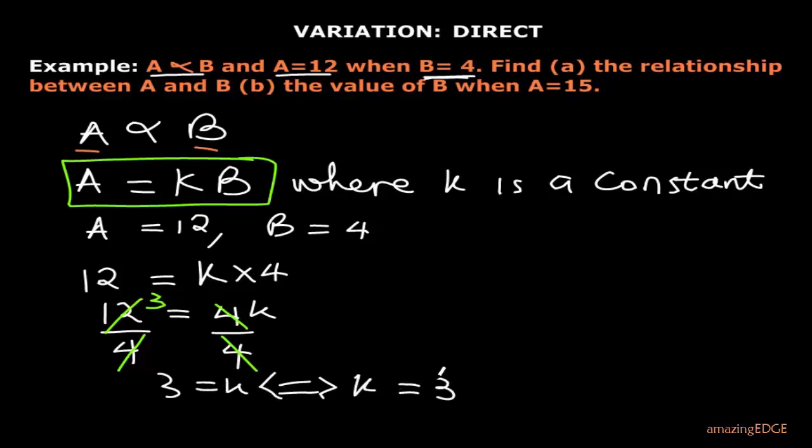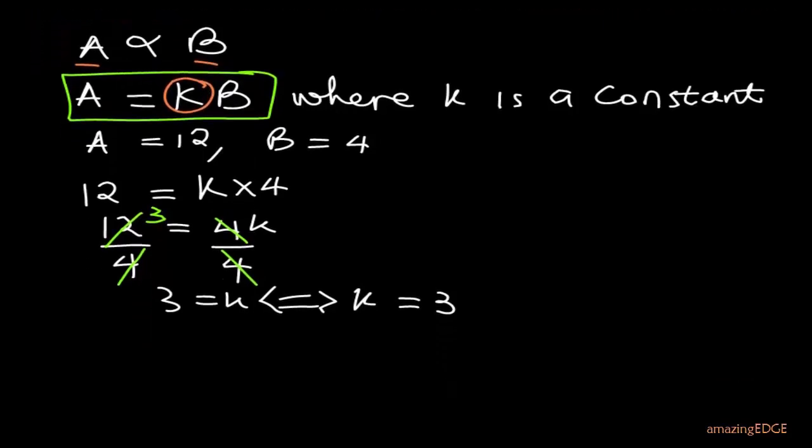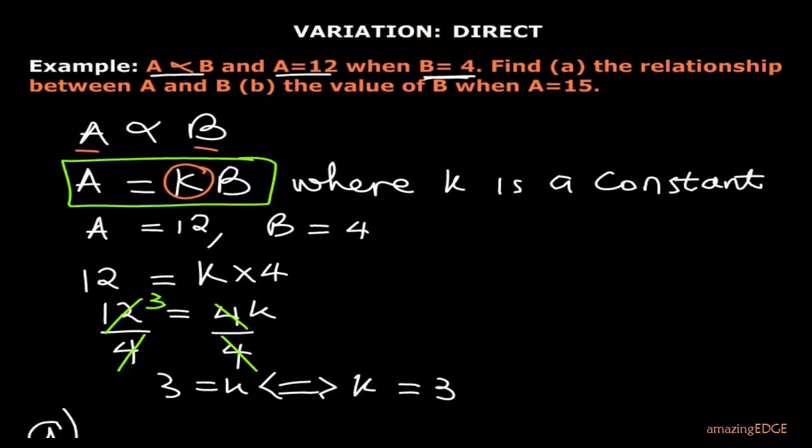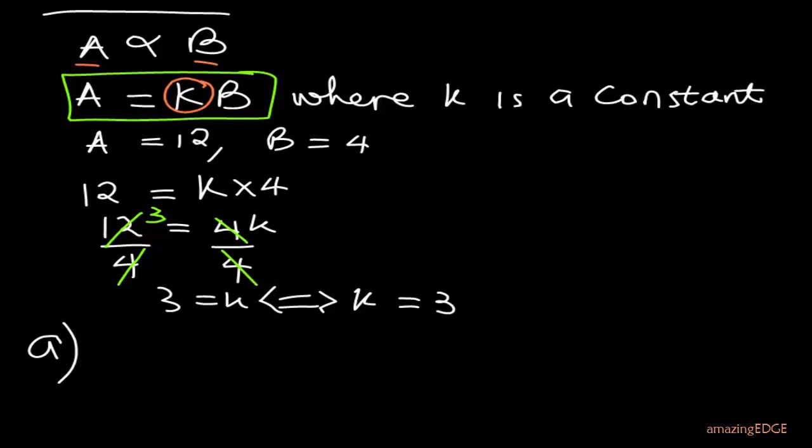Now, since we have determined the value of K, we are set to answer question A. The A part of the question says we should find the relationship between A and B. So you write down the formula A = KB.